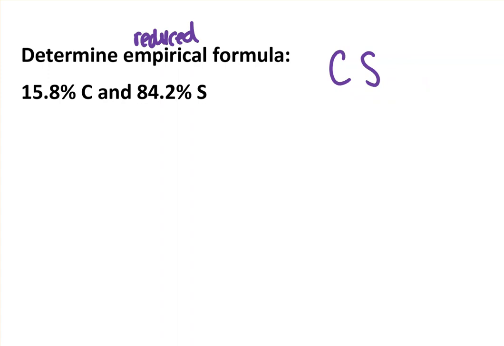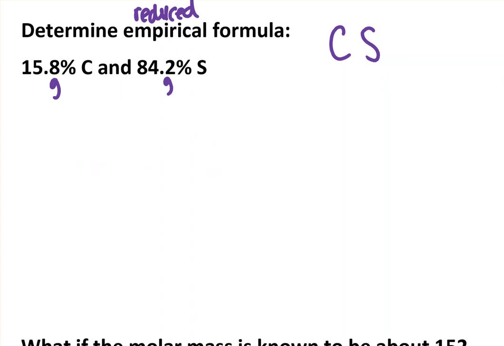And so to get it in terms of particles, we do a trick. In a way, these are in terms of mass, so you can think about them being in terms of grams. So we're going to do a trick, and that is to assume we have 100 grams of this compound.